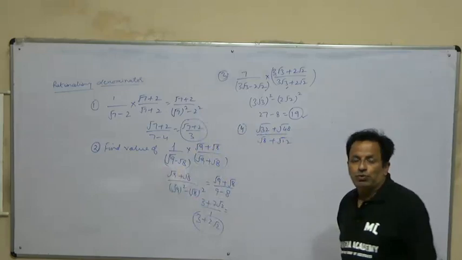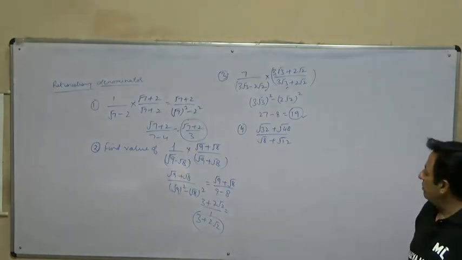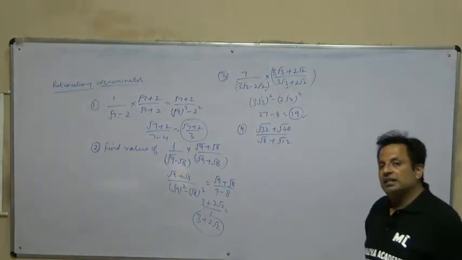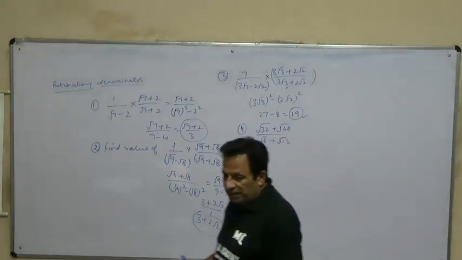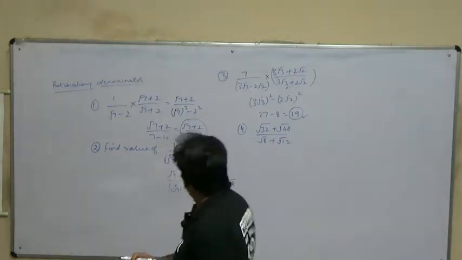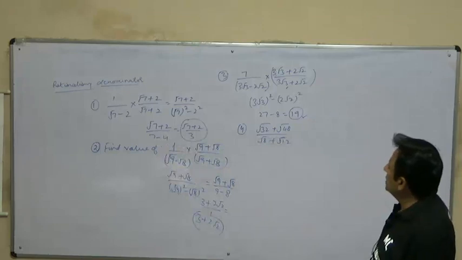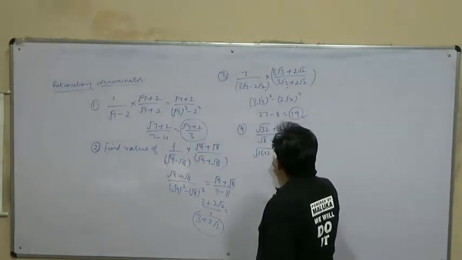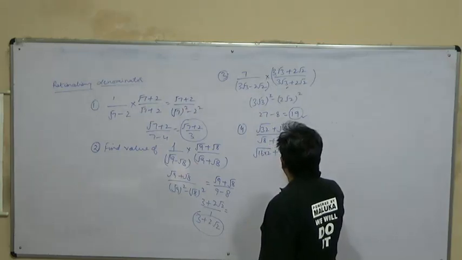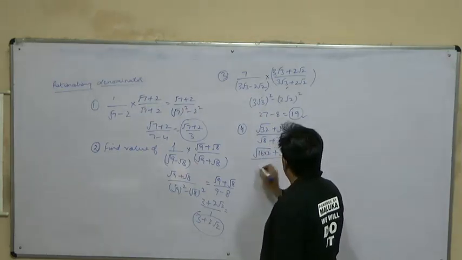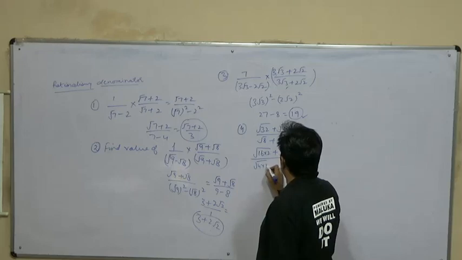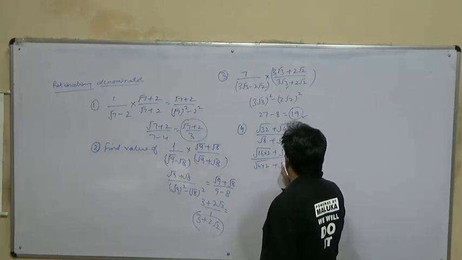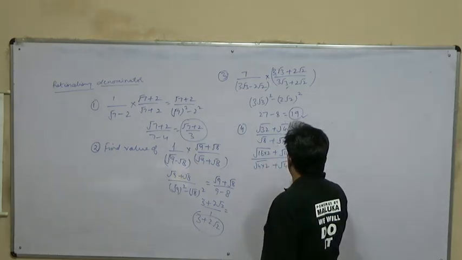So what we will do, we will make factors of the number in the root, and those factors whose square root is available, we take them out. For example, in case of 32, this can be written as 16 into 2, and for 48 we can write 16 into 3, for 8 we can write 4 into 2, and for 12 it is 4 into 3.